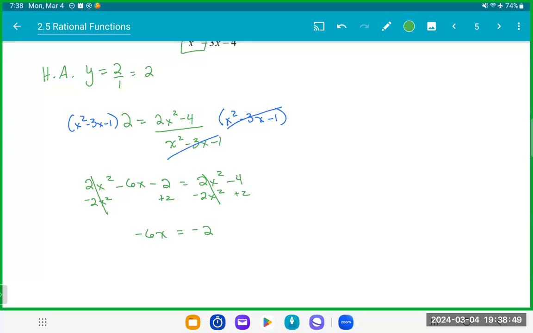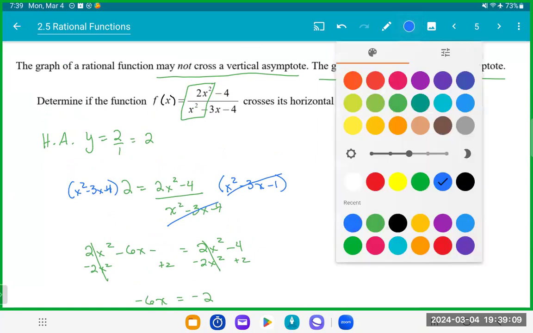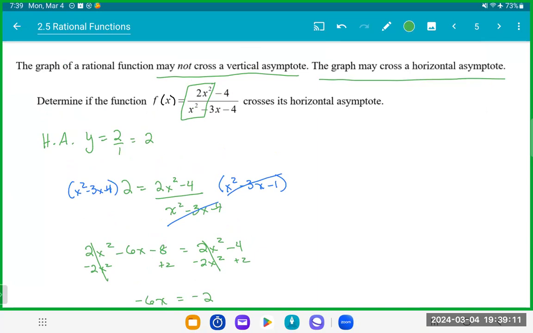Actually, let me. I wrote this wrong here in the denominator. This is a 4. And so this would have been a 4. And this would be 8. So we're adding 8 to both sides.